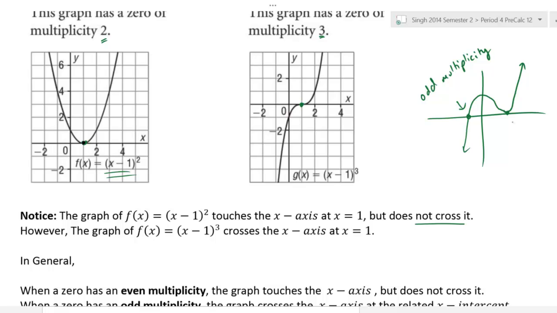And this one just touches and bounces off, so that one would have had even multiplicity. So you can have both of those happening within the same graph, or you can have only one of them happening within the same graph.